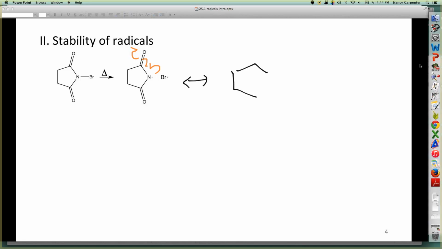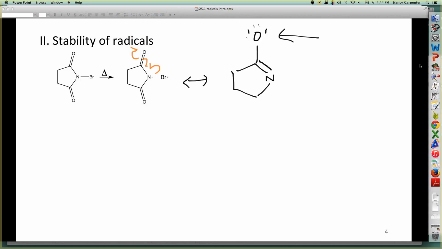They just need to be shared by next door neighbors, and in so doing, what I end up with is a delocalized radical that is shared by both the nitrogen and the oxygen.